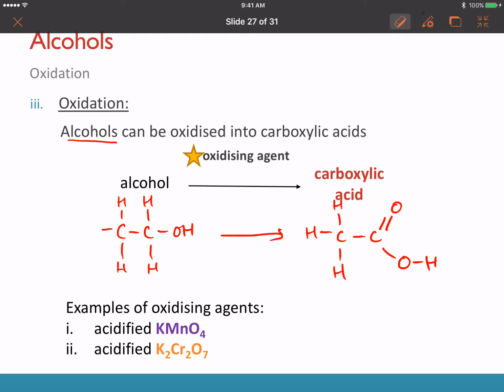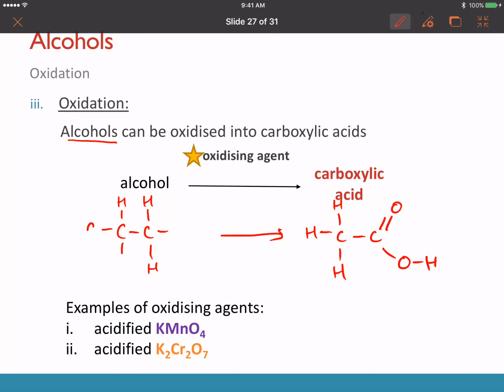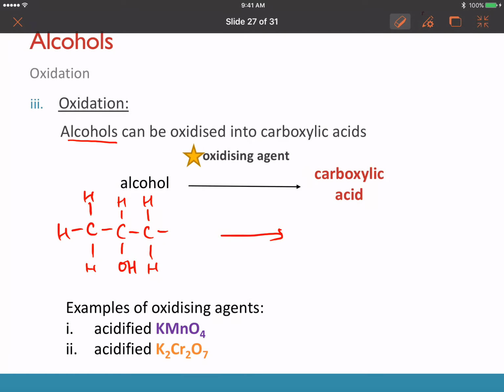Say instead of ethanol, let's say I have propanol. So if it's a propanol, what is the compound that will form upon oxidizing it?